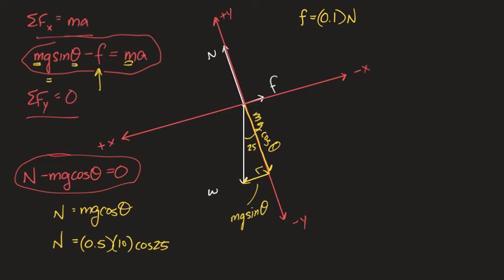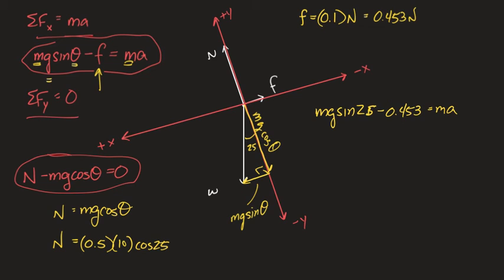So if you're saying the normal force is 4.53, then the frictional force has to be 0.453 newtons. That has to be the size of the frictional force. That is 10% of the normal force. So now I have mg times the sine of 25 minus 0.453 equals ma.